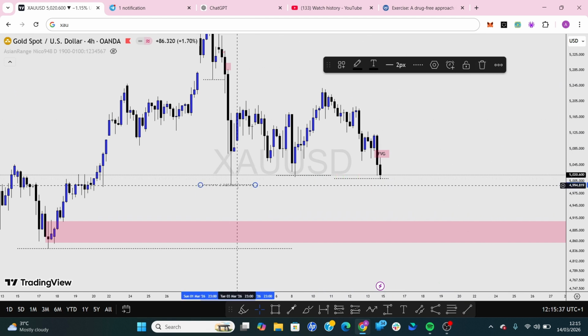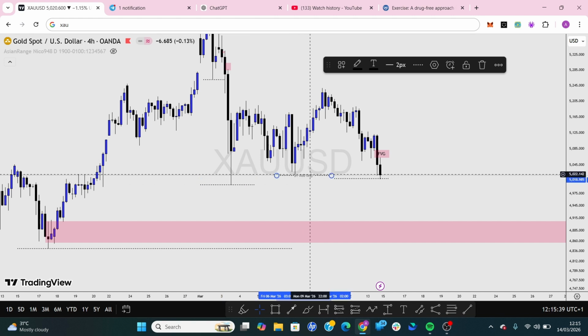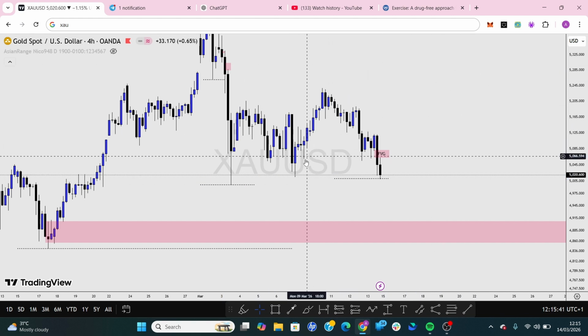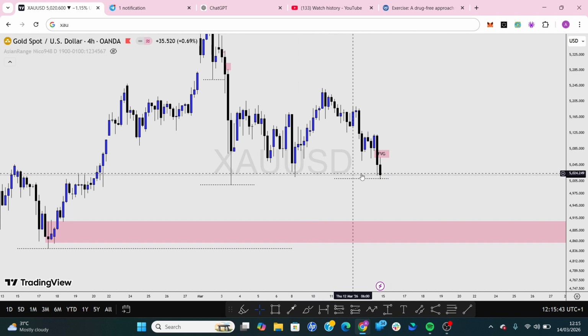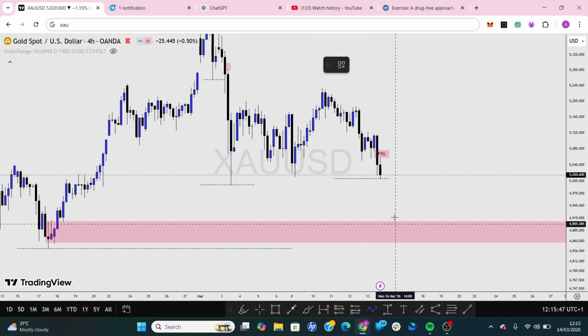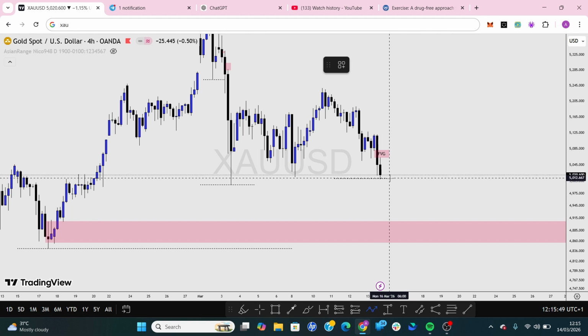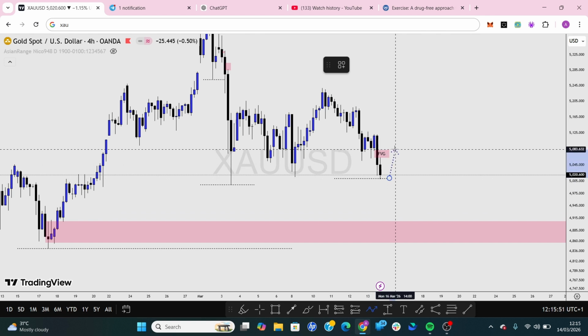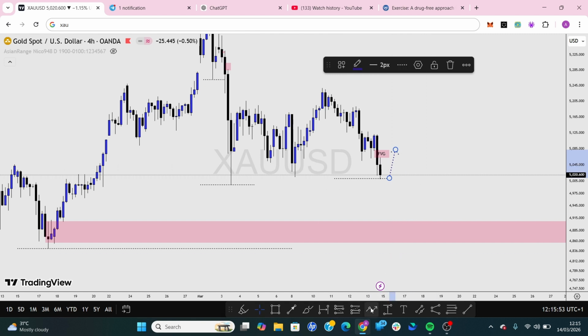And this liquidity here that has not yet been swept, this one is already gone. The price has already taken out this liquidity. So we are just waiting for these two liquidity. We just want to see price go up, at least fill this fair value gap, to this supply zone. See this supply zone.